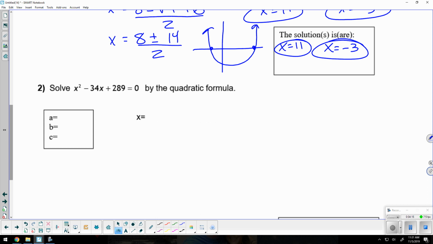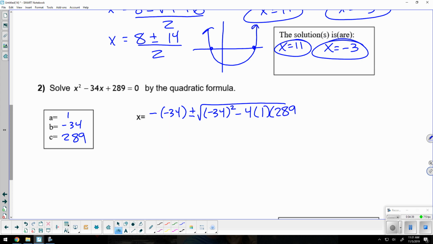It's already equal to 0, so identifying a, b, and c: a is 1, b is negative 34, c is 289. Plugging into the quadratic: negative b, which is negative negative 34, plus and minus the square root of negative 34 squared minus 4 times a, which is 1, times c, which is 289, all over 2 times a, so 2 times 1 on the bottom.